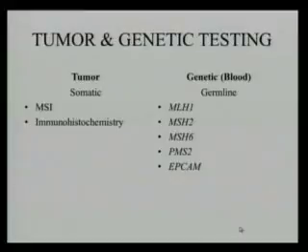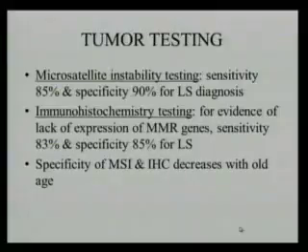I will have an algorithm to make it easier for how we walk ourselves through this, or how genetic people actually look into this testing. So what is the sensitivity and specificity of MSI and immunohistochemistry?